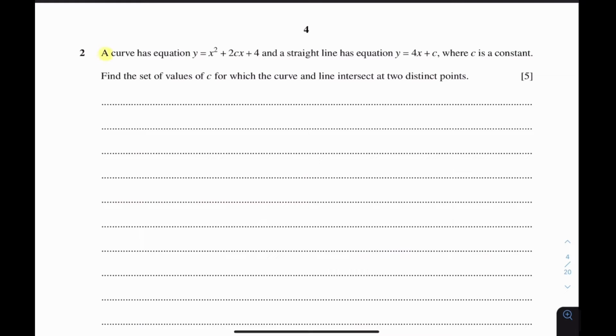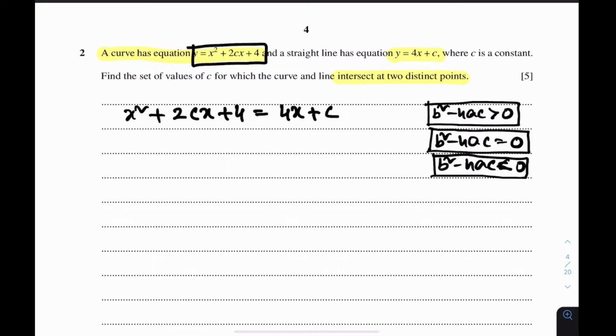A curve has equation y equals x squared plus 2cx plus 4, and a straight line has equation given here. Both of them intersect at 2 distinct points. We should have some basic knowledge: if it meets at 2 distinct points, the discriminant b squared minus 4ac is greater than 0.